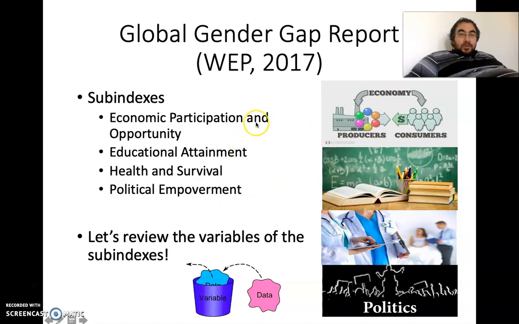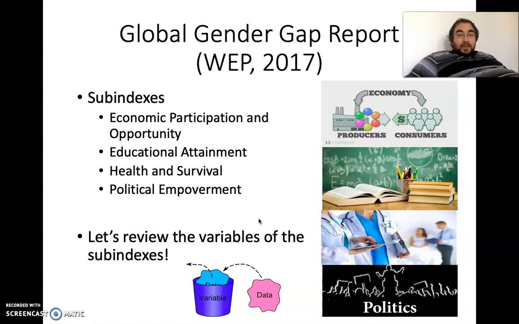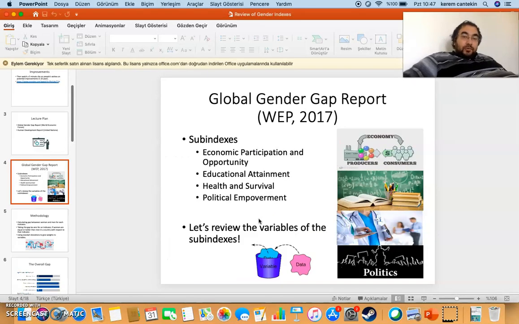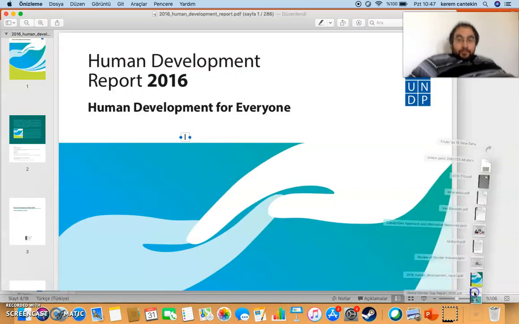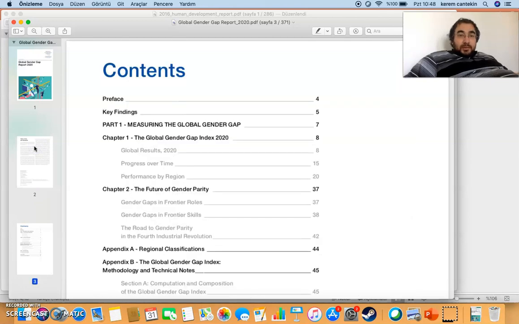So 4 different numbers are calculated for these 4 sub-indexes, and after that you get the full index by combining these 4 variables.